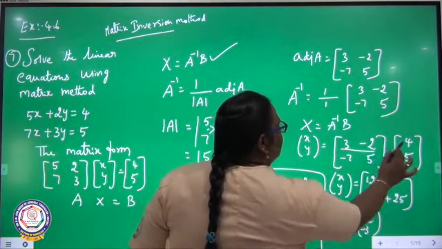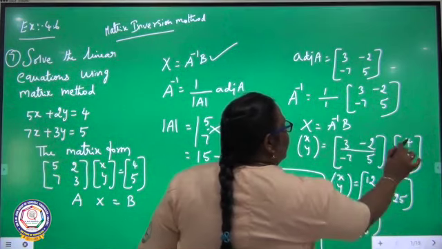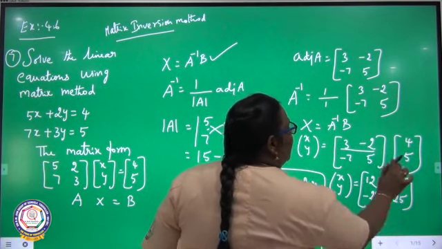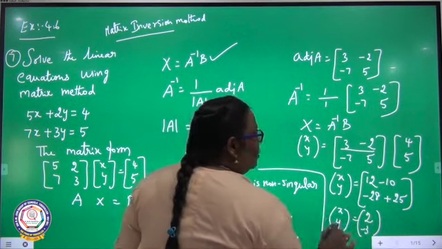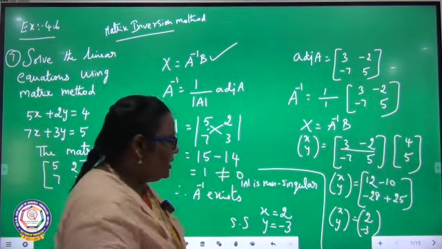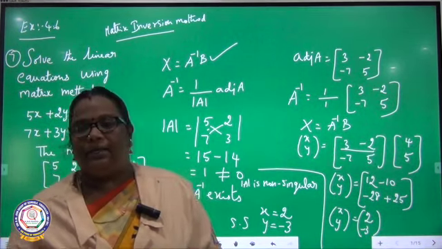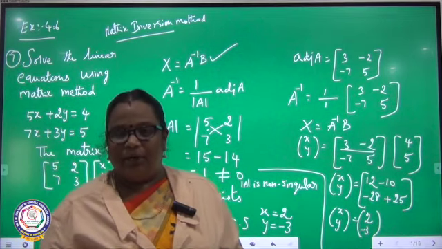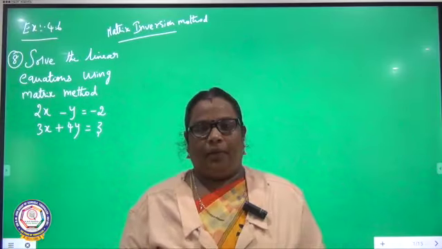See here, 3 4s are 12, minus 5 2s are 10, minus 7 4s are minus 28, 5 5s are 25. So 12 minus 10 is 2, minus 28 plus 25 is minus 3. So the solution set is x equals 2 and y equals minus 3. If it is consistent only, we can get the value of x and y.